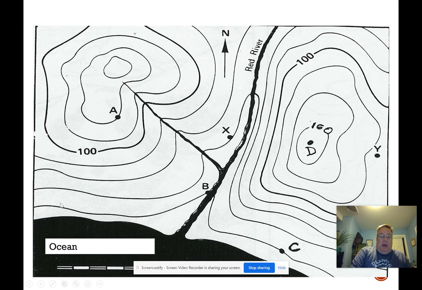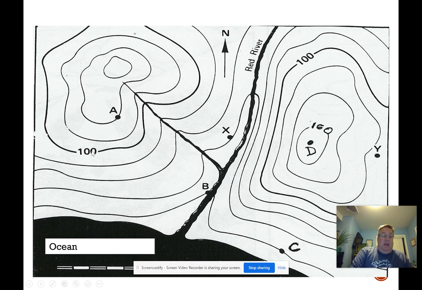I can look down here in the bottom left and it says ocean, which tells me that right here along the beach, that's 0. So this first line is 0. And then I have 1, 2, 3, 4, 5 lines till I get to 100. So 100 divided by 5 is 20. That's telling me that each line is worth 20.